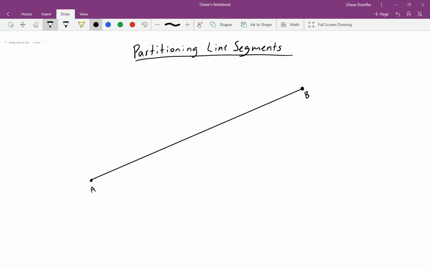And actually, I kind of want to go over some information with you. Basically, to start off, you're going to be given a ratio, like, for example, 2 to 5.